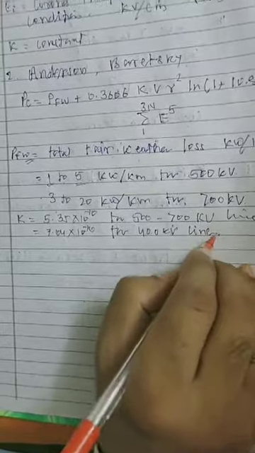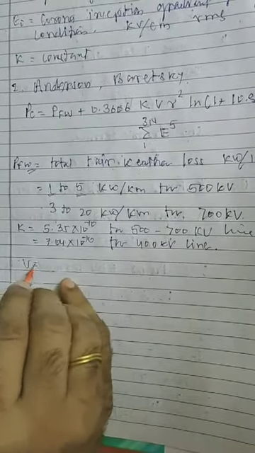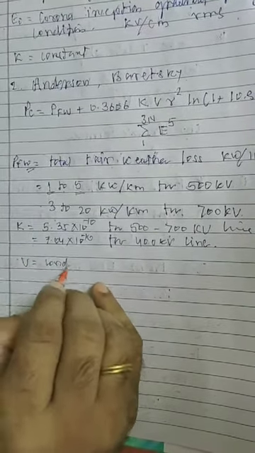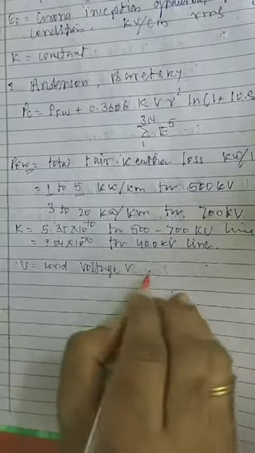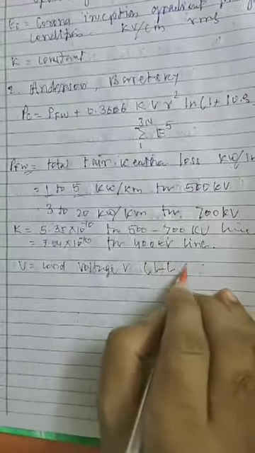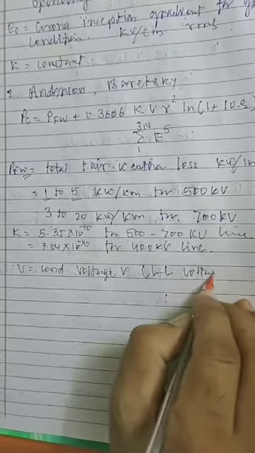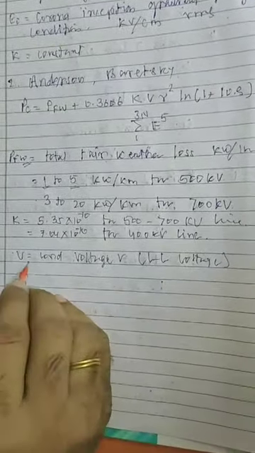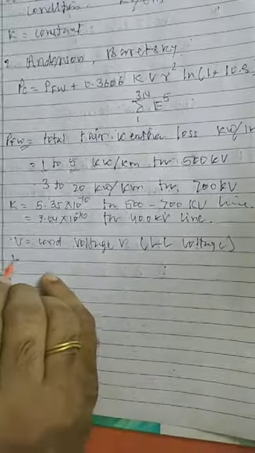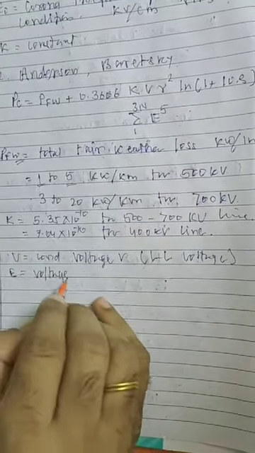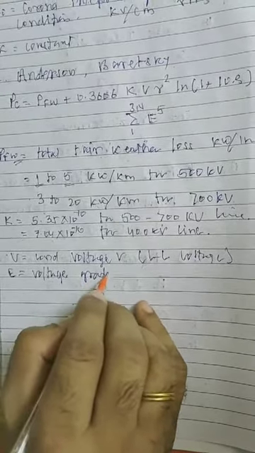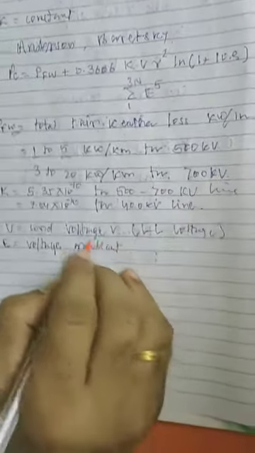V is the conductor voltage, the line to line voltage, RMS. E, as usual, is the voltage gradient on the conductor surface.